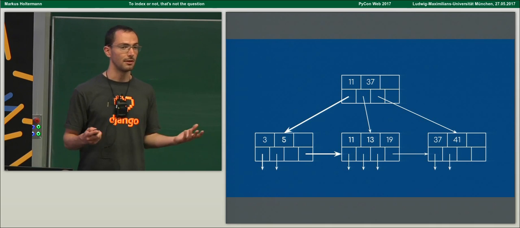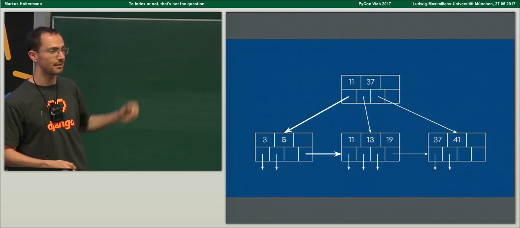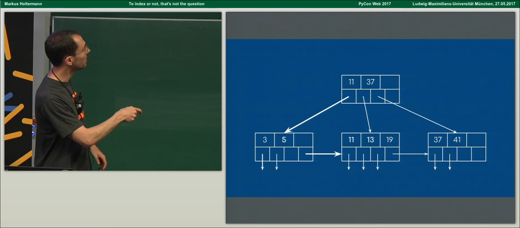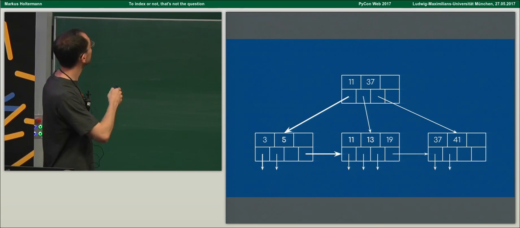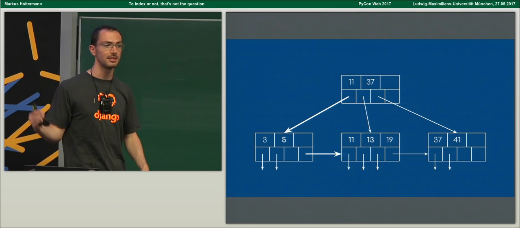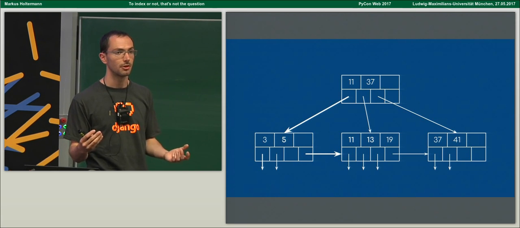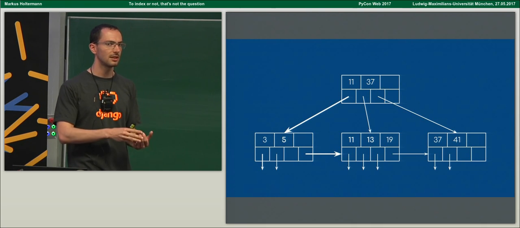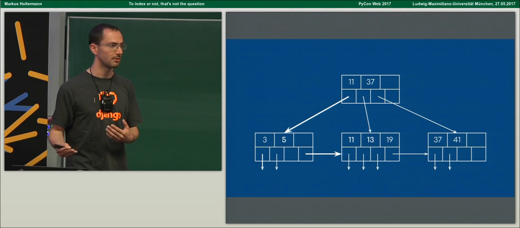Now, if you have an index scan on the other hand with, say, 3 to 37, you would end up with 1, 2, 3 references within the tree, and then 1, 2, 3, 4, 5, 6 references to the database table, which would make up 9 operations, or 9 things you would start counting, which is obviously more work than doing a full table scan.